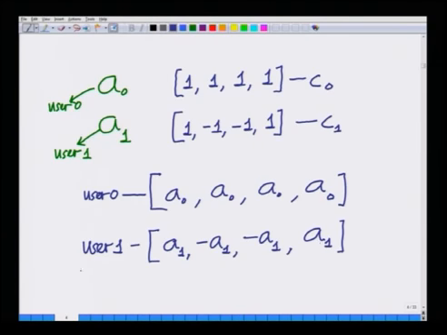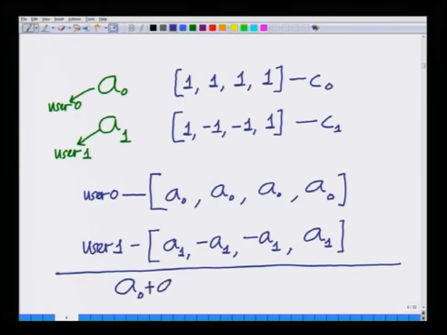Now, I will add the signals corresponding to user 0 and user 1. So, I will get A0 plus A1, A0 minus A1, again A0 minus A1, and finally A0 plus A1.